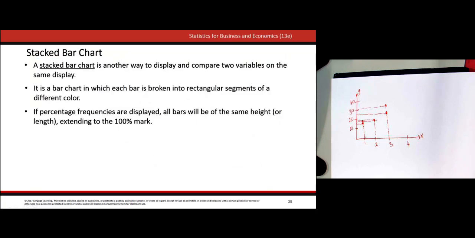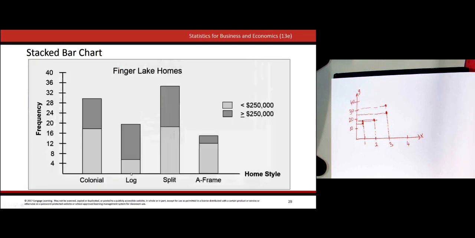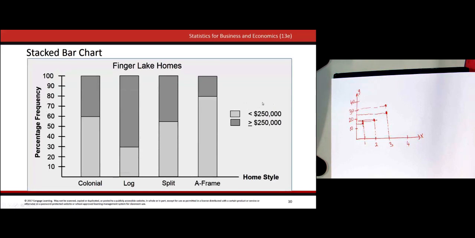The stacked bar chart is another graphical display. In this case we have one bar for each home style, but with different colors. Like here, this color is less than 250 and this color represents larger than or equal to 250. One bar for each home style, and it gives the frequencies. This height gives the frequency for each color, for each price range. And this is the percentage frequency, so it's 100%.